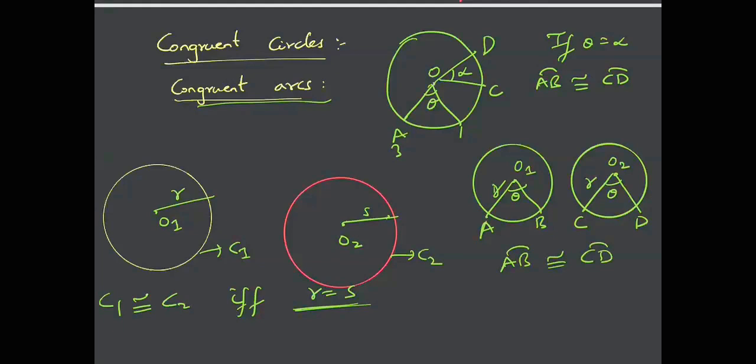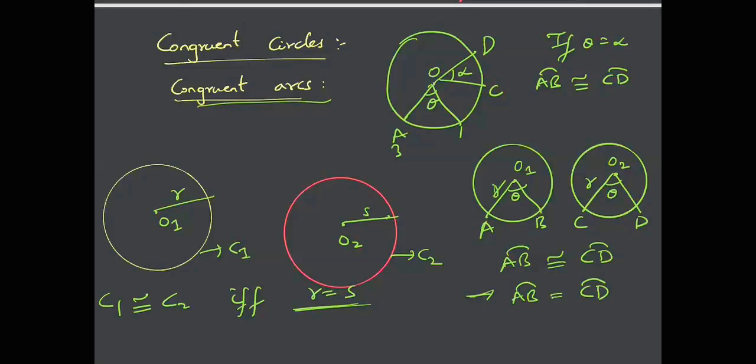So two arcs are congruent if they subtend the same angle at the center, right? And the arcs may be of the same circle or of congruent circles. Still the arcs are said to be congruent. And if the arcs are congruent, then the length of the arcs is equal. That is, the length of arc AB is equal to the length of arc CD. So you can say that if the lengths of two arcs are equal, then the arcs are congruent, or if they subtend the same angle at the center, then also the arcs are congruent.